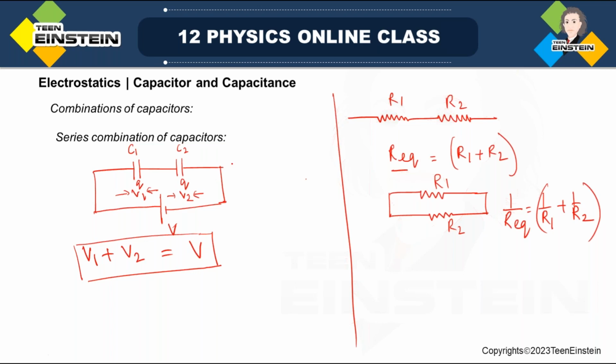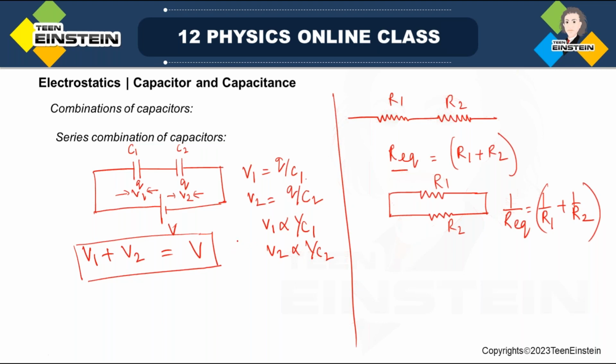In this case, the voltage applied across this series will be divided or distributed. V1 is equal to Q by C1, isn't it? And V2 is equal to Q by C2. You can see that the potential is inversely proportional to their capacitance.